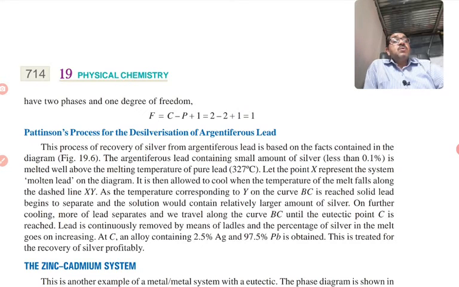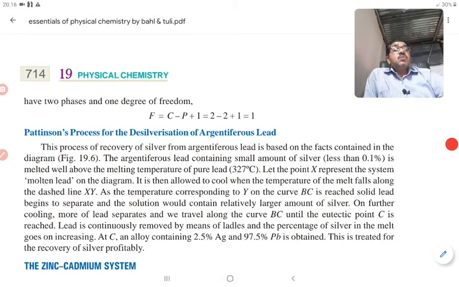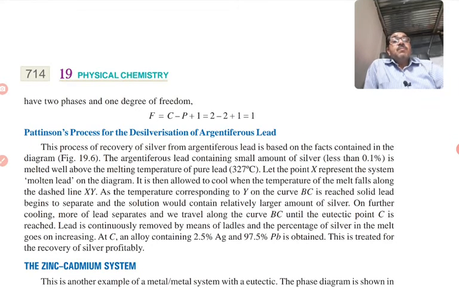It is then allowed to cool, and the temperature of the melt falls along the dashed line XY. As the temperature corresponding to Y on the curve BC is reached, solid lead begins to separate and the solution contains a relatively larger amount of silver. On further cooling, more lead separates and we travel along the curve BC until the eutectic point C is reached.